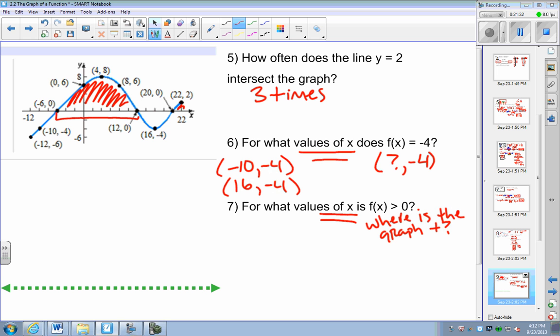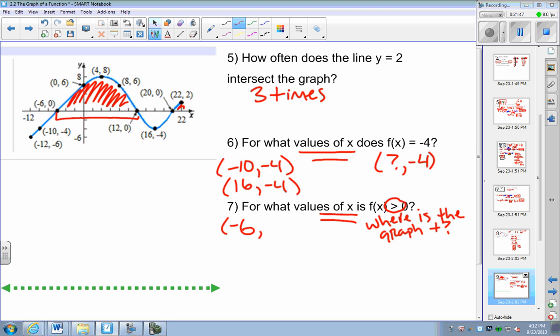So we want from here to here, which is going to get us from -6 to 20. Now I erased that bracket because I remembered that this is greater than 0, not greater than or equal to.